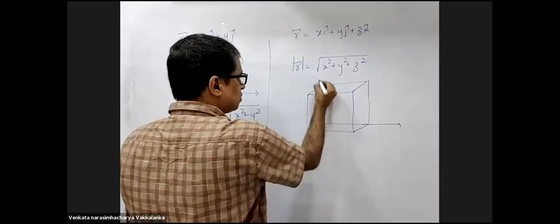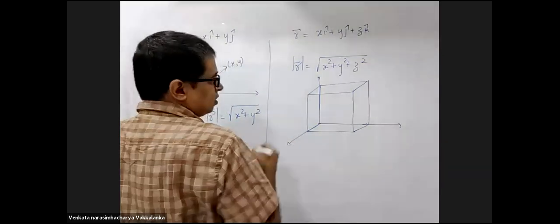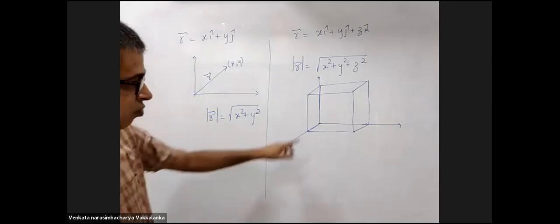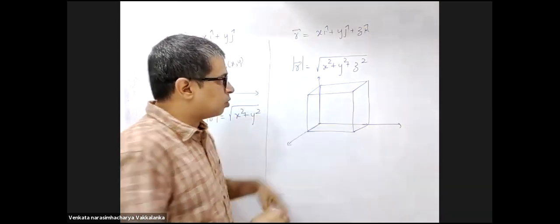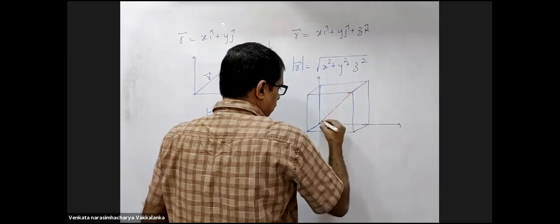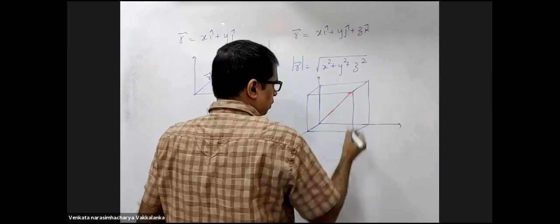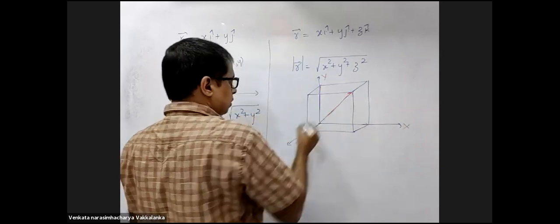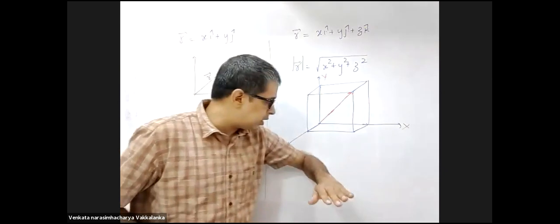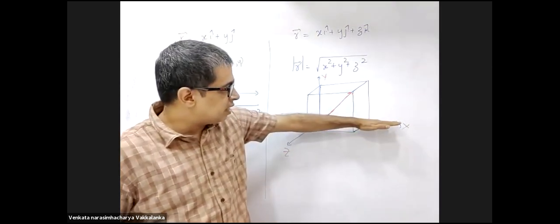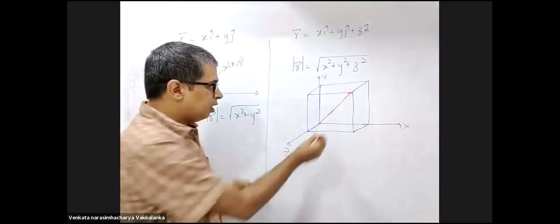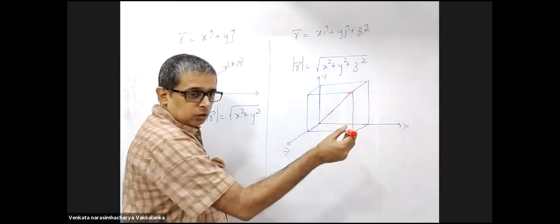This is x-axis, this is y-axis, this is z-axis. Your vector is from this origin to this coordinate. So which is the z-axis? Z-axis is perpendicular to the board outwards. This is x-axis, this is y-axis in the plane of the board.